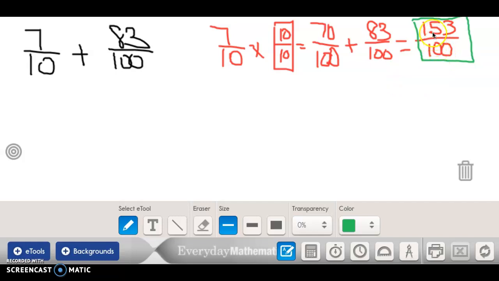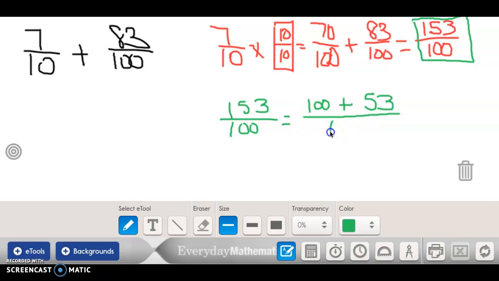And one way that I can do that is thinking about decomposing this problem. If I think about 153, I know I can separate, I'm going to write it down here, 153/100ths. I know I can separate that into 100 plus 53, and then my denominator 100 will stay the same.